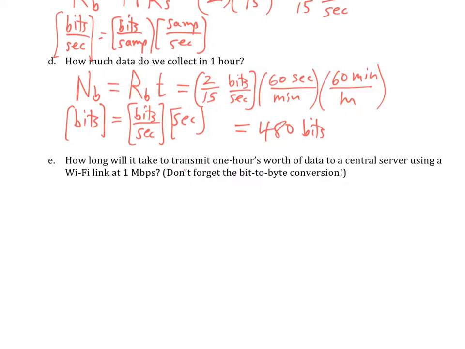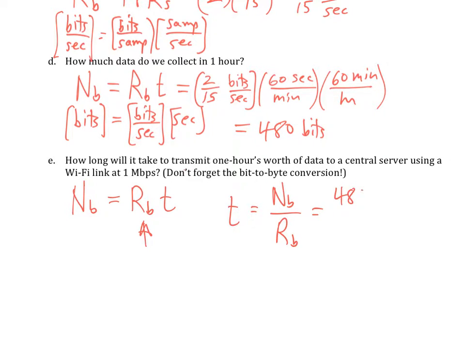How long will it take to transmit 1 hour's worth of data? Well, we have a fixed number of bits, and now we're going to send it with a much higher data rate. So I'm going to solve for time here, which is the number of bits divided by the data rate, which is 480 bits divided by 1 megabit per second.